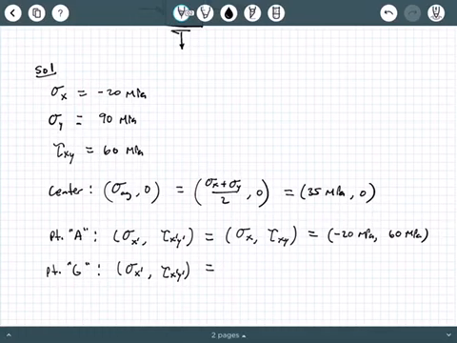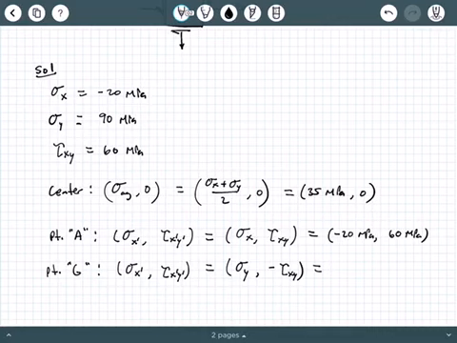And then we're going to define a point G. So again, sigma x prime comma tau x prime y prime. Often when we define point G, we have rotated our local axes 90 degrees counterclockwise. So the element and the global axes and all the stresses stay in their given orientations. It's just the local axes have rotated 90 degrees counterclockwise.